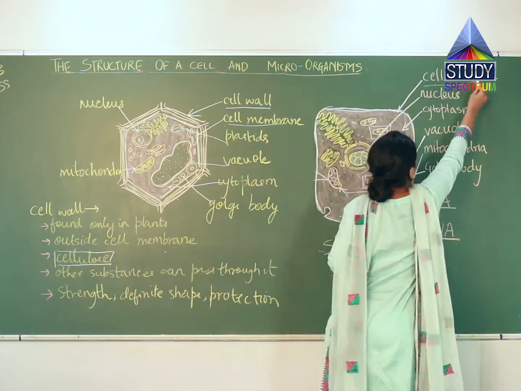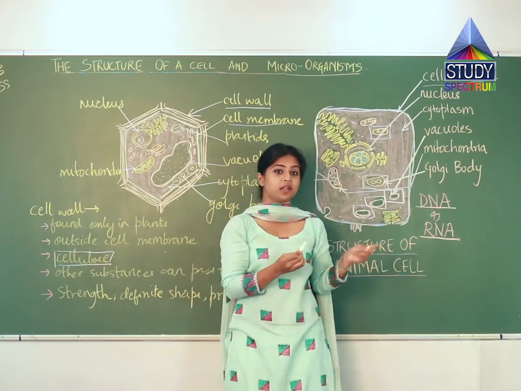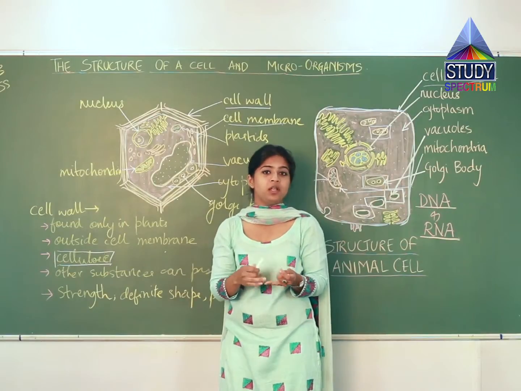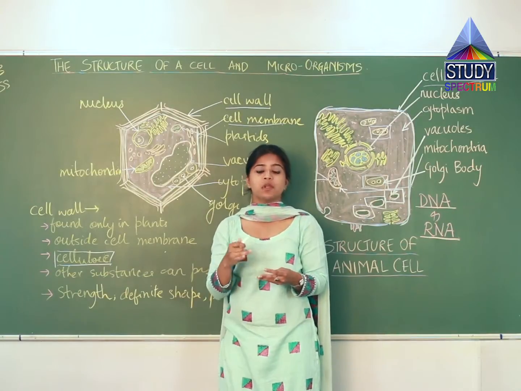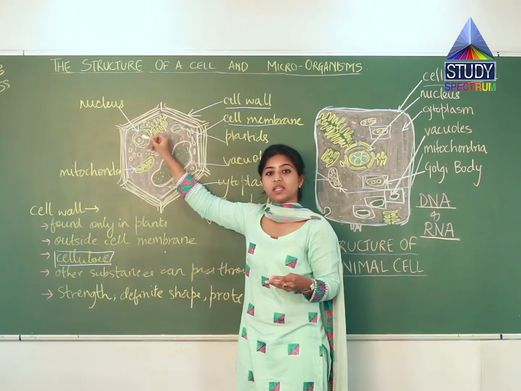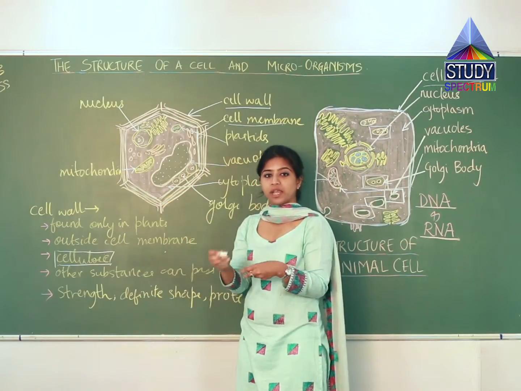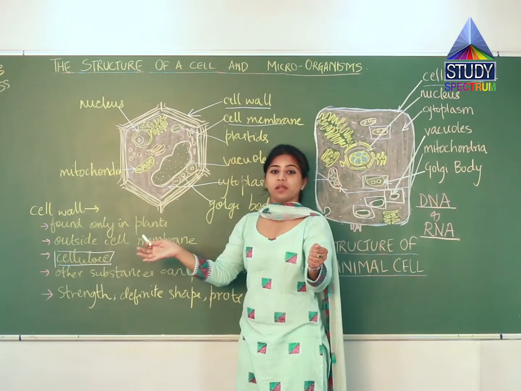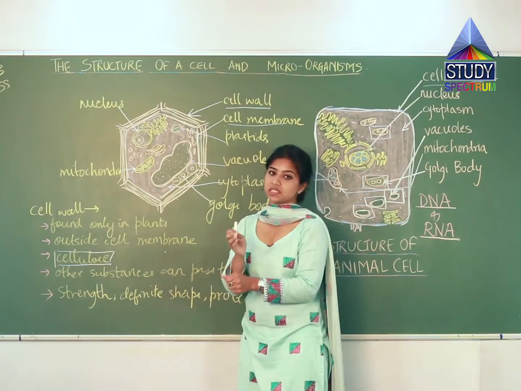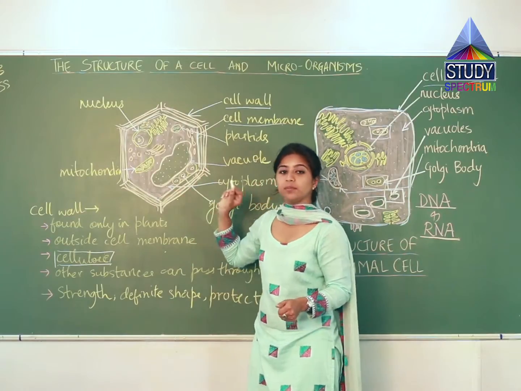I explained that in animal cells the cell membrane was flexible, thin, surrounding the whole of the cell, providing it protection, and compactly enclosing all the organelles inside the cytoplasm. It's the same in the case of the plant cell.